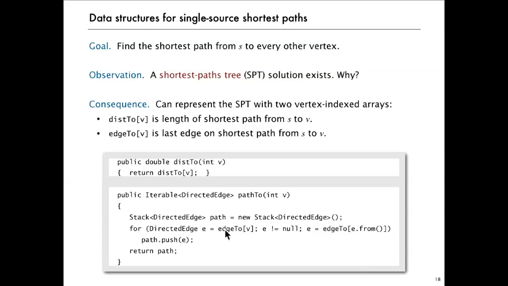We start at edgeTo[v], and as long as it's not null, we push it onto the path, and then go to the edgeTo entry for the vertex that we came from. We keep going until we run out of vertices, which happens at the source, and then return the path, an iterable that gives the client the path. So that's the implementation of the two query methods.